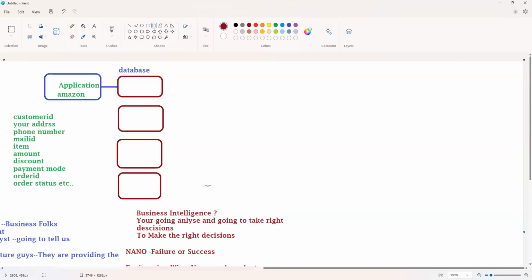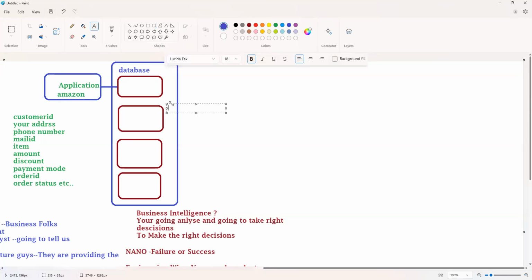It can be a single source or multiple sources, which we are going to see. This entire system I'm talking about, we can call an OLTP, Online Transactional Processing System.